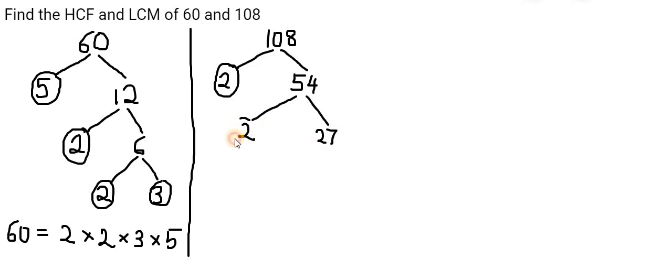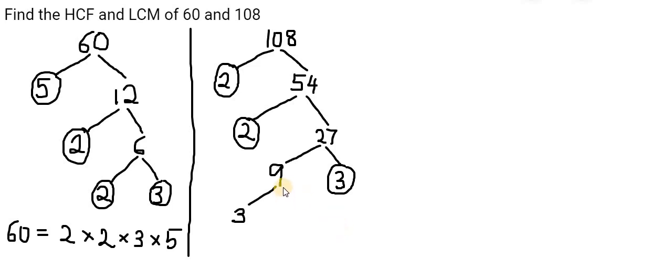2 is a prime number, 27 is not. Okay, so I think 9 is a factor of 27. The number that goes with 9 to get 27 is 3. 3 is a prime number. 9 is not. 3 is a factor of 9.